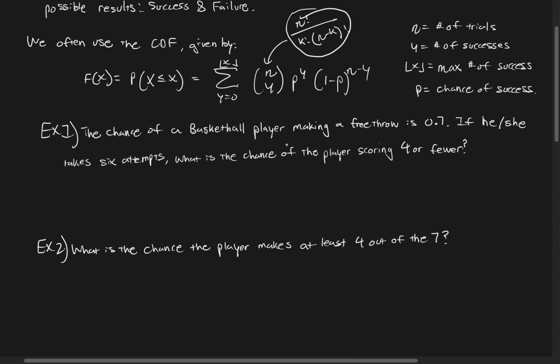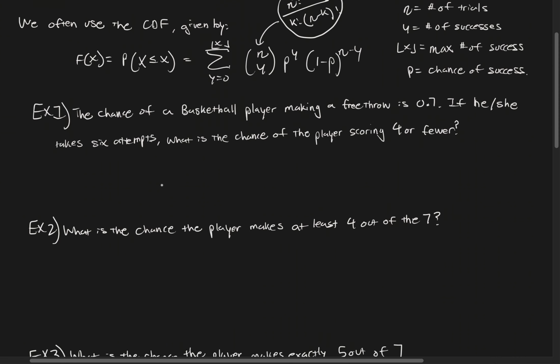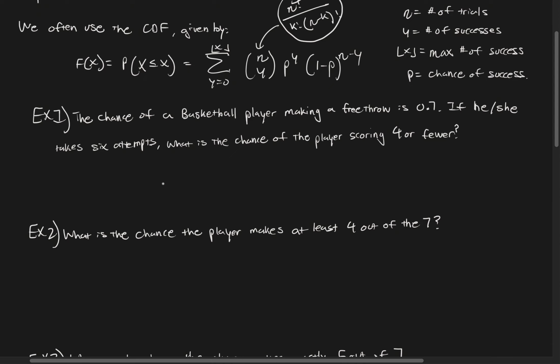Alright, so let's quickly go to the example. Let's say a basketball player is shooting 6 free throws, and his or her chance of making it is 0.7 or 70%.